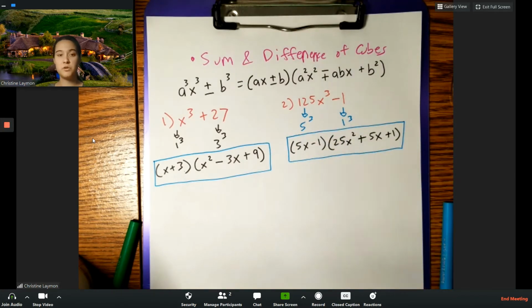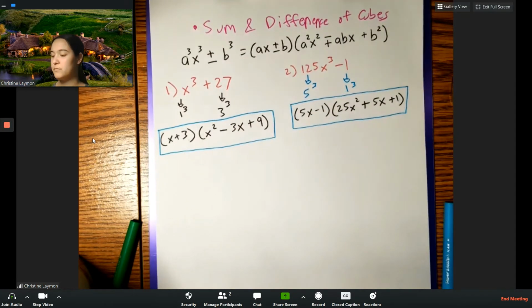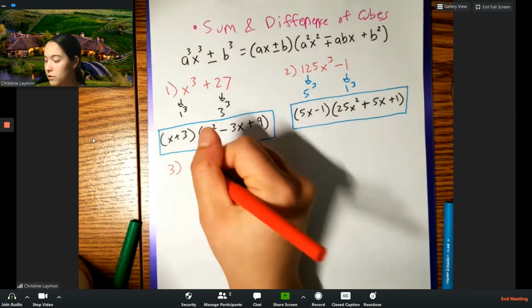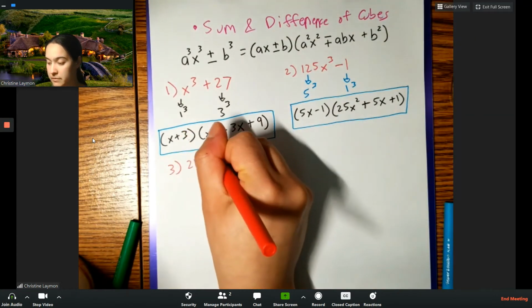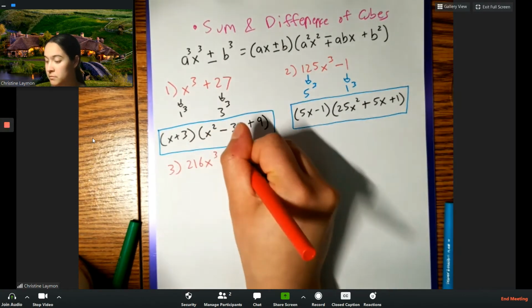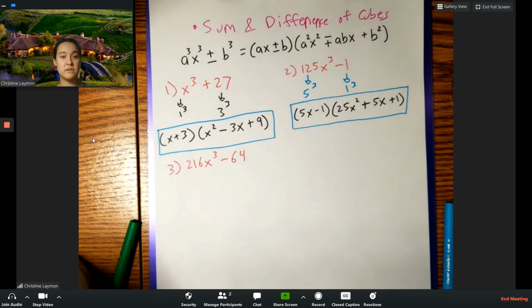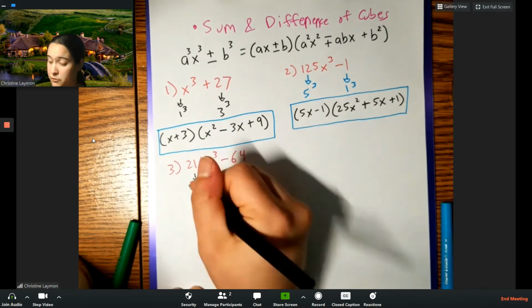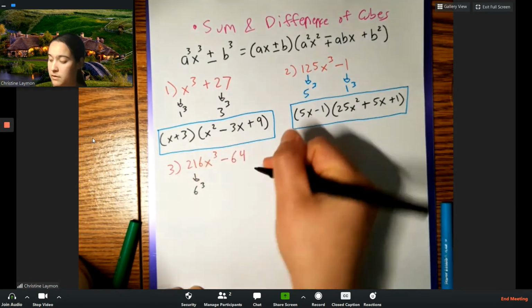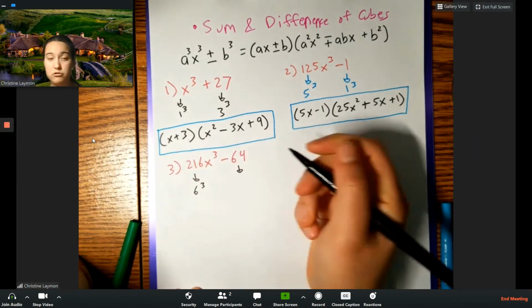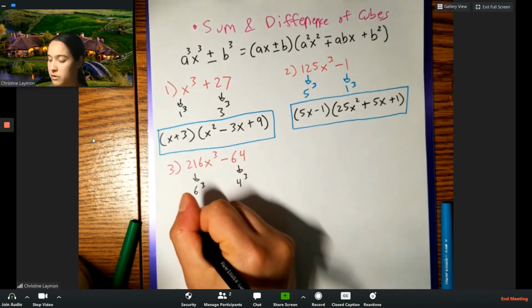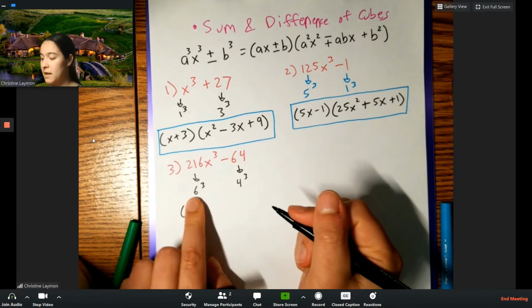I'm going to give you 2 more examples for this type. Let's come down here. For 3, we're going to have 216x cubed minus 64. Again, notice here, 216 is a perfect cube. It is going to be 6 cubed. And 64 is also a perfect cube. It is 4 cubed. So I'm going to have 6x minus 4.